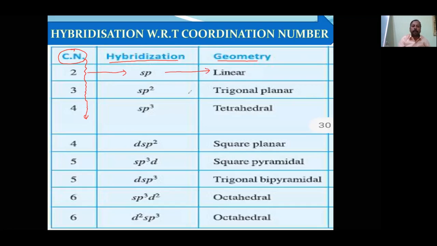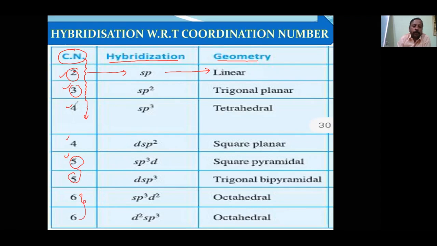These are the very rare ones: sp, sp2 and sp3d. They are very rarely asked, but most frequently they are asking 4 and 6.